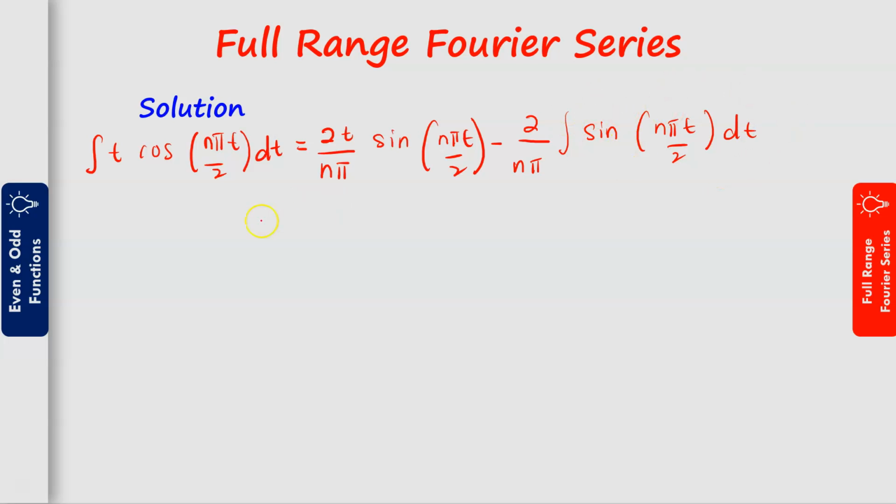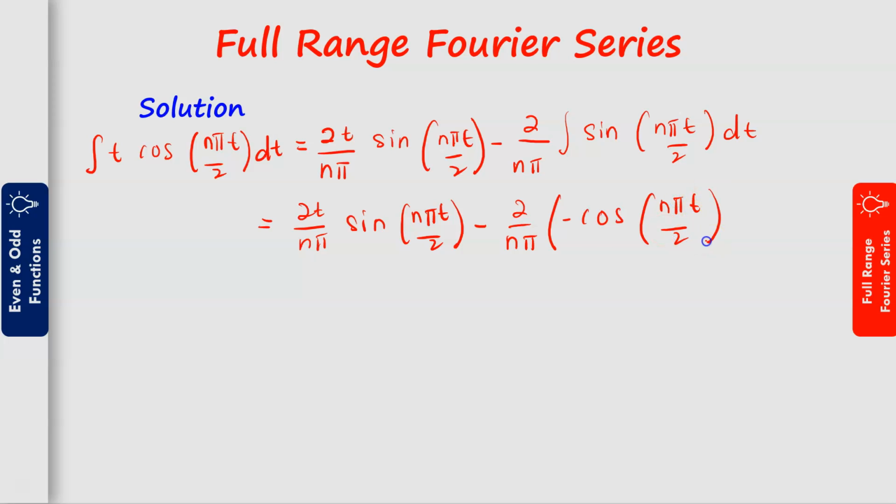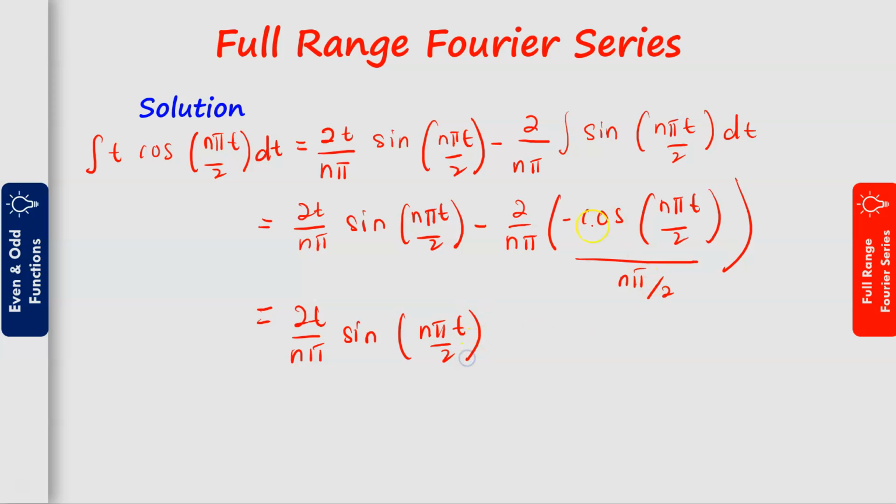To integrate this part, I write again: 2t over n pi sine n pi t over 2 minus 2 over n pi, and for this part we integrate sine, we get negative cos, so negative cos n pi t over 2, and then all this divided by n pi over 2. When we simplify, we have 2t over n pi sine n pi t over 2, and this is minus minus, negative negative, so it becomes plus.